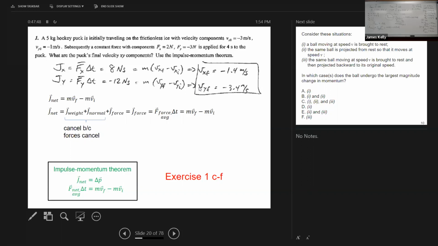All right. F asks, what average x and y force components does the ground exert on the ball during these 0.1 seconds? So the idea is, maybe I can just work it out starting with this. Here are my two previous answers. These are the x and y components of the impulse delivered by the mud.